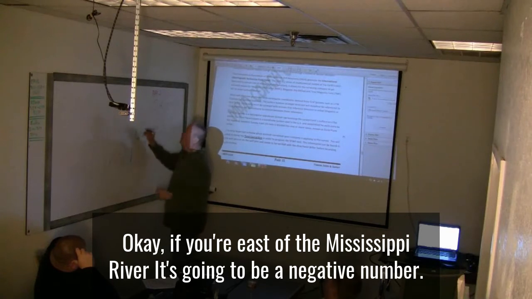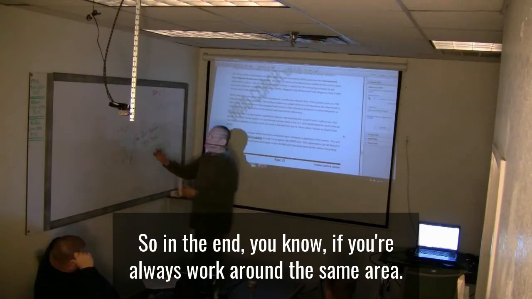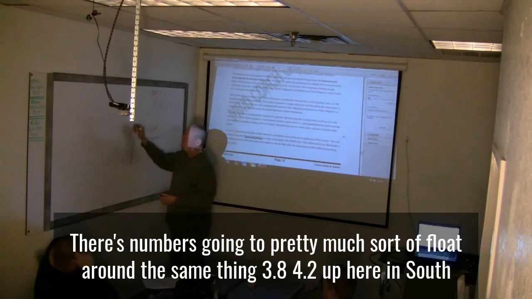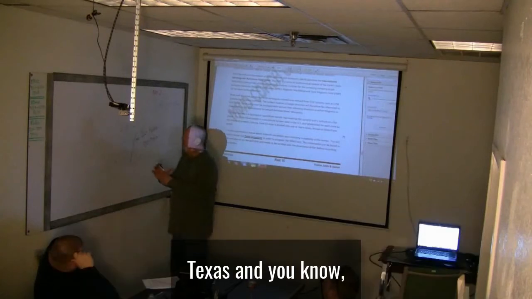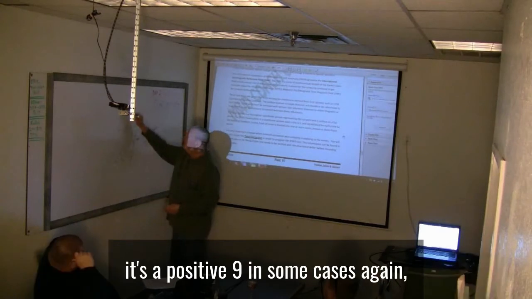If you're east of the Mississippi River, it's going to be a negative number. So if you always work around the same area, this number's going to float around the same thing, 3.8, 4.2, if you're in South Texas. But if you go to Venezuela or out to West Texas, it's a positive 9 in some cases, okay?